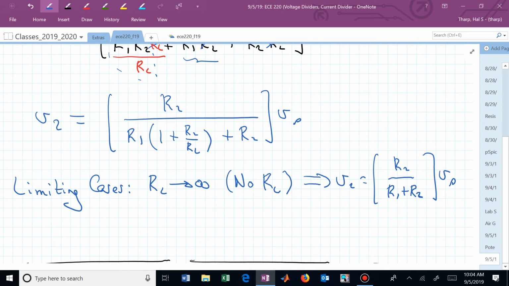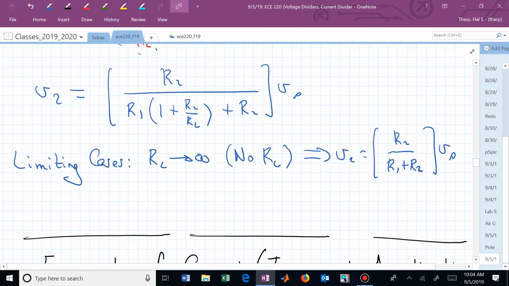It's going to depend on the situation, but it could be a factor of 10. That may not be big enough. Maybe it's a factor of 100. So if R sub L is 100 times as big as R sub 2, I'm going to neglect its influence and just do R2 over R1 plus R2, and that's V2. Do you see what I'm trying to get you to think about or understand?